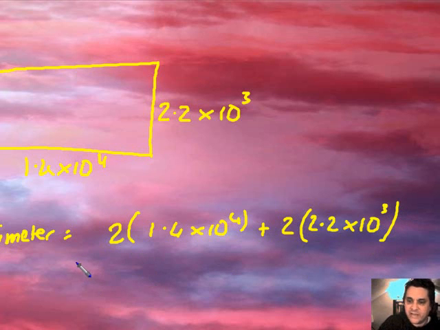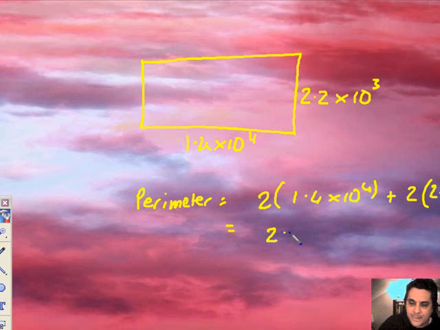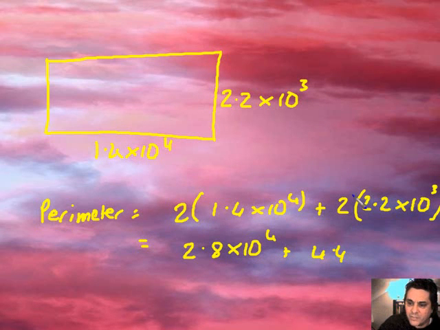Alright, so what's that going to give me? That's going to give me 2.8 times 10 to the power of 4 plus 4.4, because 2 times 2.2 is 4.4, times 10 to the power of 3.